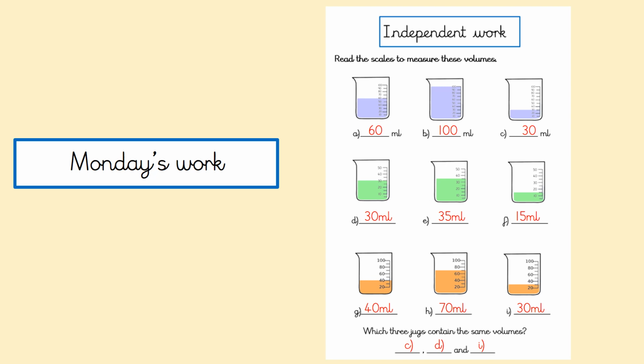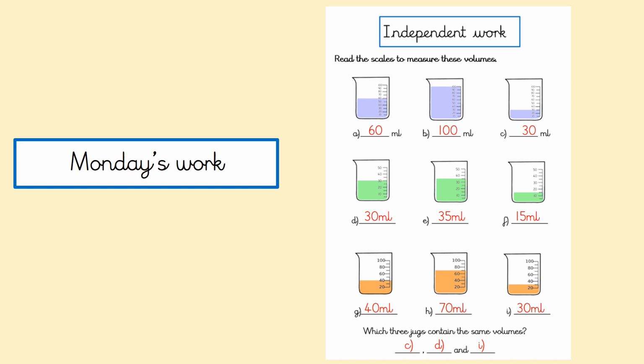So looking at the whole scale, each line went up in fives. So D was 30 millilitres, E, the green liquid stopped at the small line halfway between 30 and 40, so that was 35 millilitres. F had 15 millilitres.